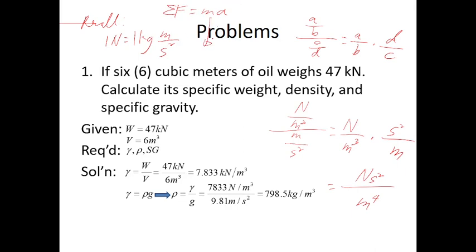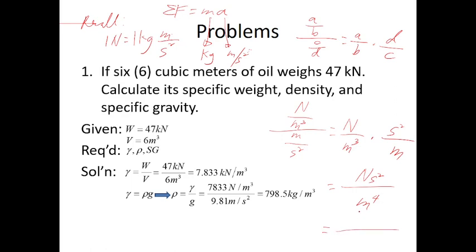In SI units, the mass is in kilograms and the acceleration is in meters per second squared, so the unit of newton is the product of kilogram and meter per second squared. Knowing that, we can rewrite.